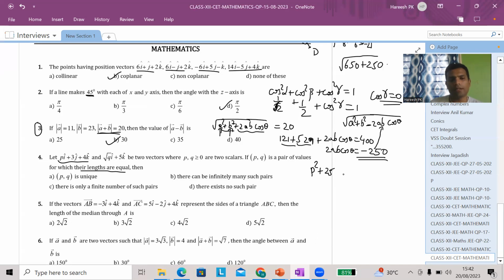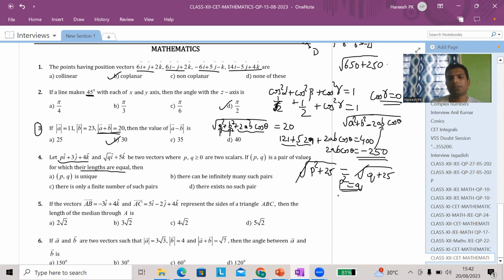That is the square of the length of the first vector. And that should be equal to, here when I find the length, root of q plus 25. So 25 gets cancelled. So I'll get p square is equal to q.